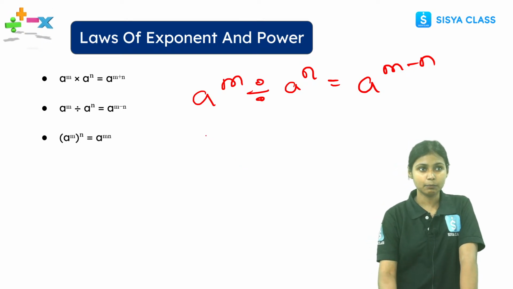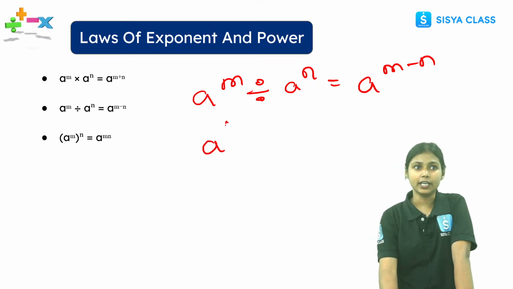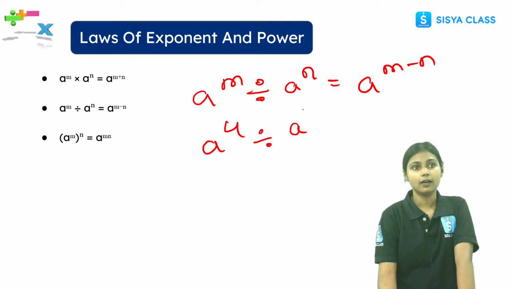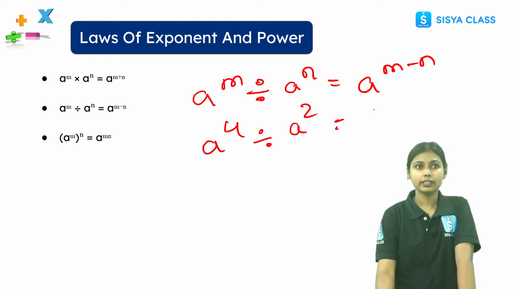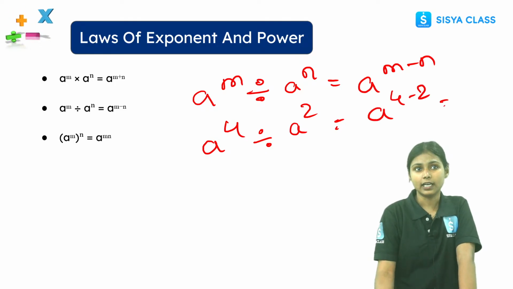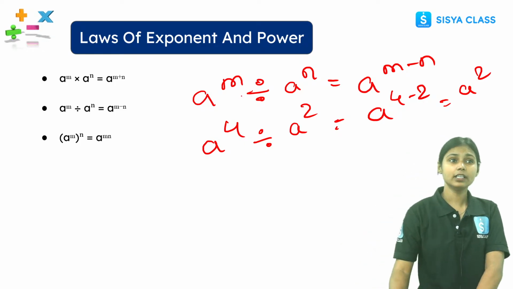For example, let's suppose that we don't know what is a, and let's talk about a to the power 4 divided by a to the power 2. So in that case a to the power 4 minus 2, and that will be equal to a to the power 2.